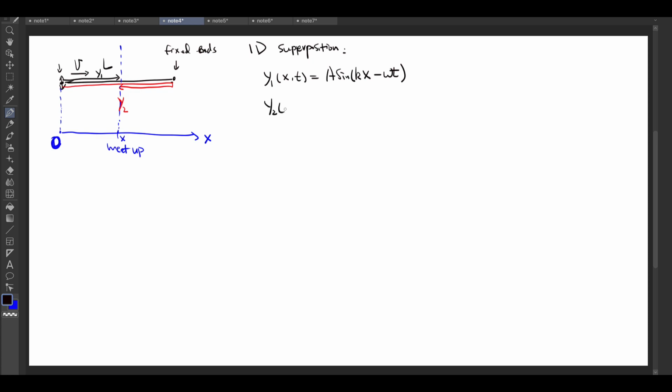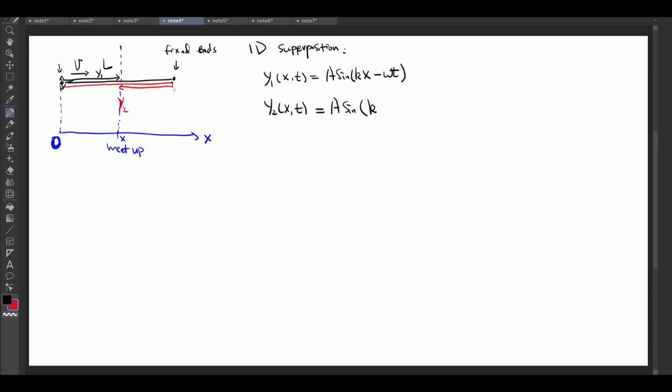And then y2. Let me think about y2's expression. The distance traveled by y2 when it arrives at this location x is the total distance L traveled, and then it goes back, right? The distance L minus x.